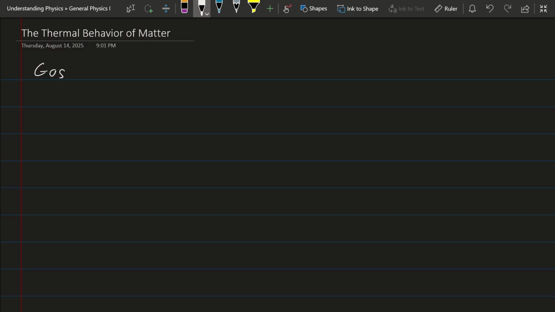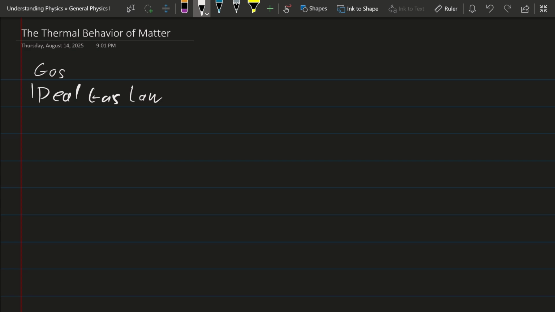And there is a law that you could create from the gas, which you call the ideal gas law. This basically states that your gas is a bunch of particles and they obey certain rules that you define.